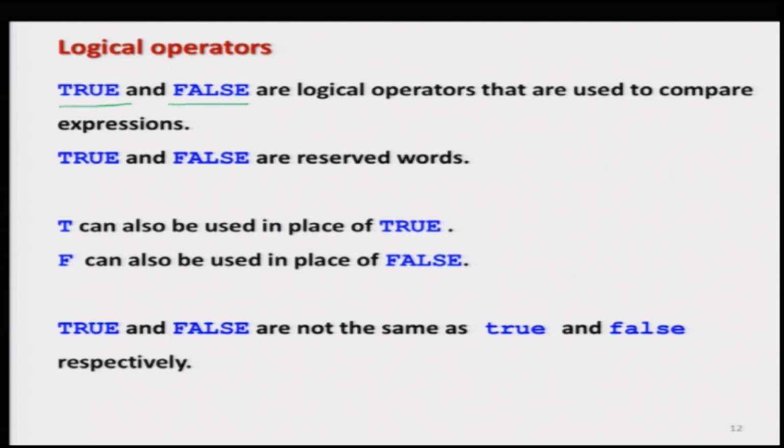They are written in capital letters, and they are logical operators used to compare expressions and values. They are reserved words, meaning you cannot use TRUE and FALSE as a variable name.